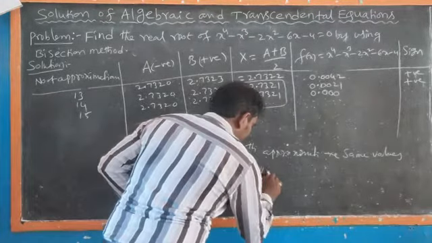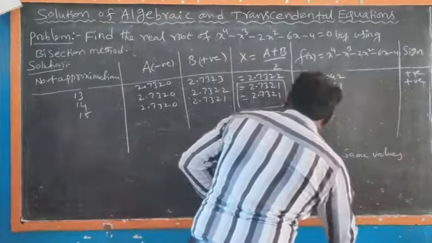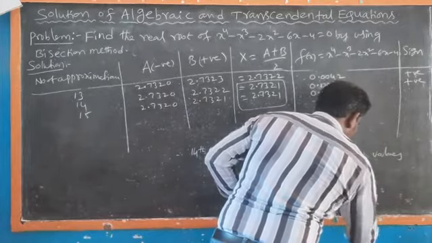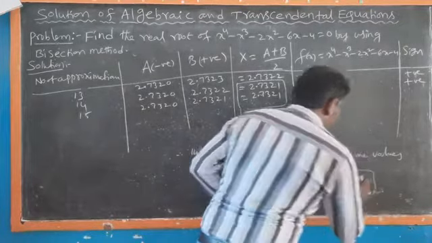Hence the root is 2.7321. Hence the root is 2.7321. Okay, right. Thank you.